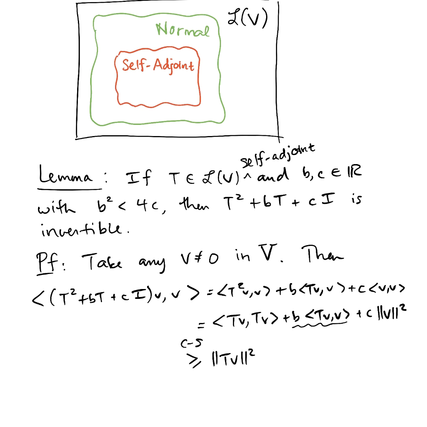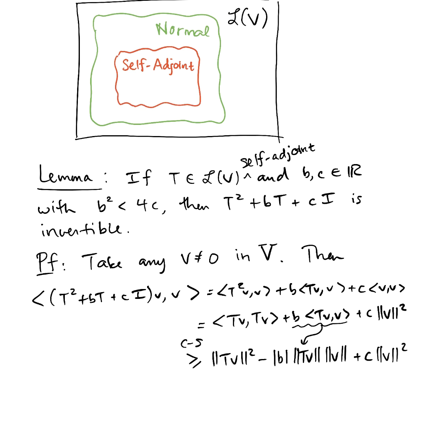So that line is at least as big as if we took away as much as we possibly could. So Cauchy-Schwarz is in here.